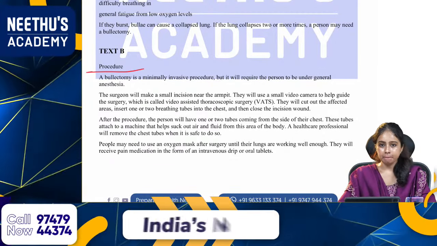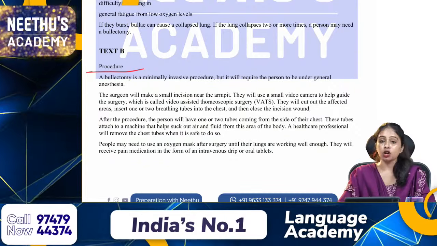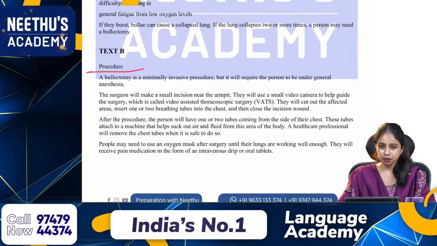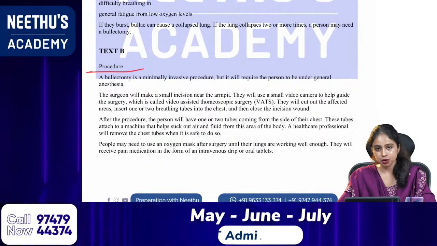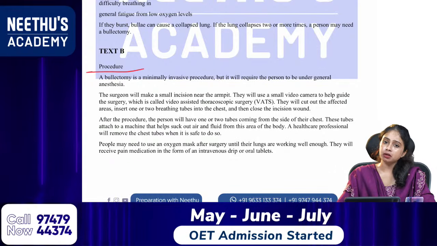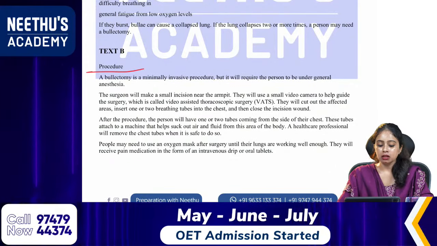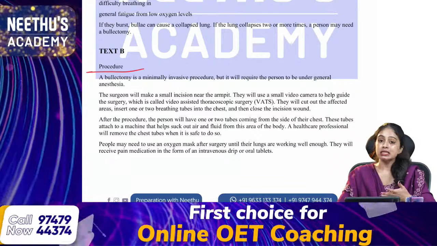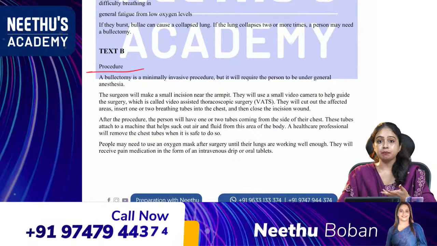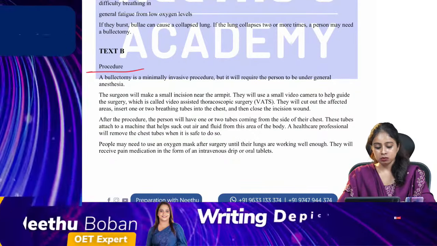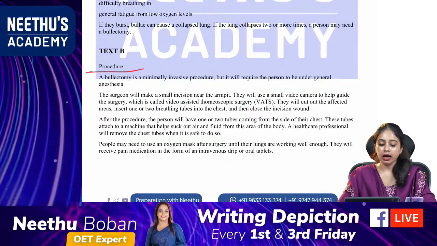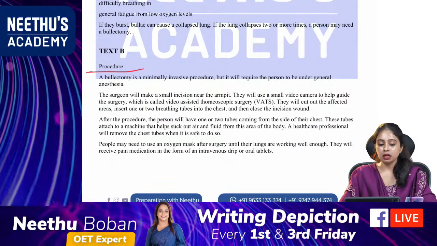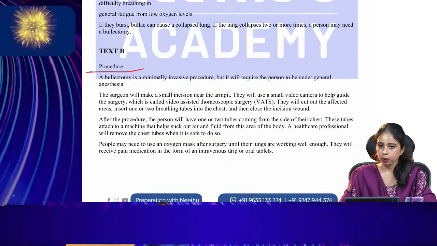All the titles, all the headings, all the subheadings, the first line from the paragraph, the last line from the paragraph you can read thoroughly, all the numbers, all the signs and symbols, then what else? All the names, pronouns, all the symptoms, all the abbreviations you can mark. Likewise we can mark, and we can do it with the technique called skimming and scanning. Already you know about it, right?